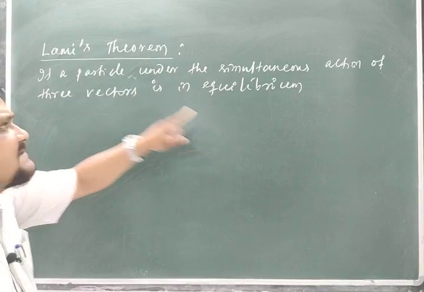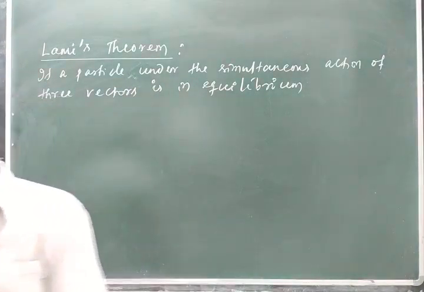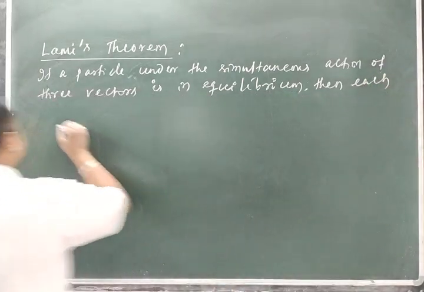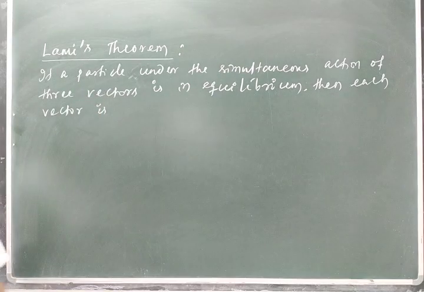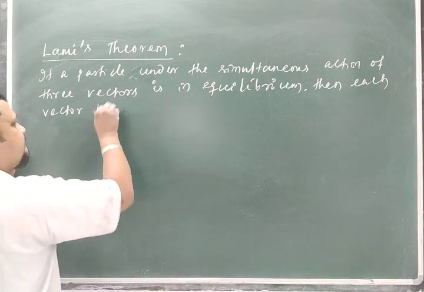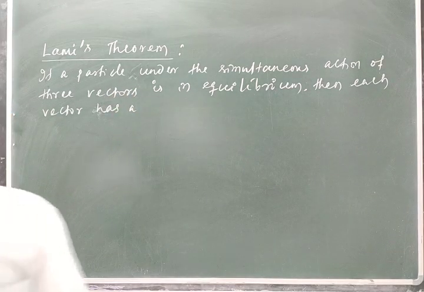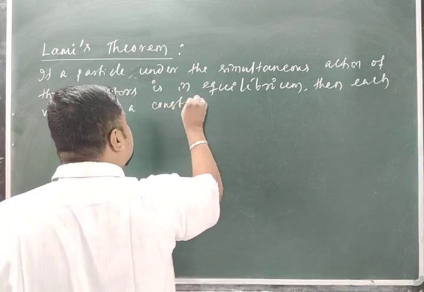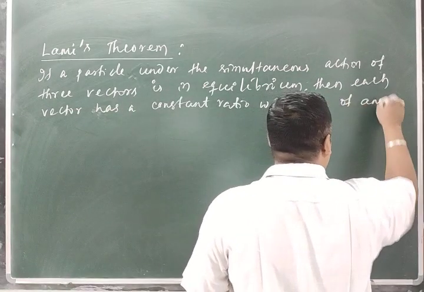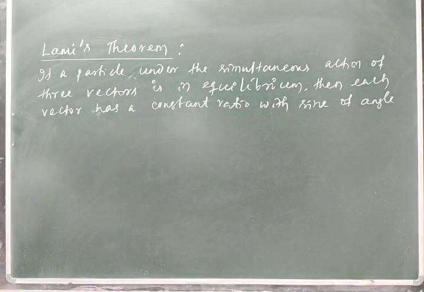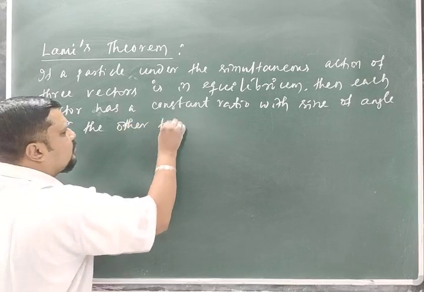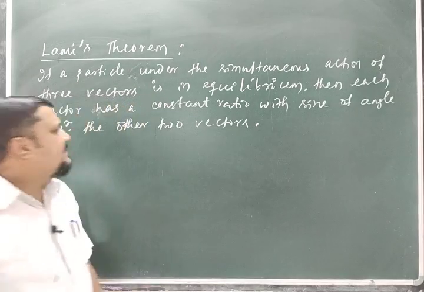If a particle under the simultaneous action of three vectors is in equilibrium, then each vector, remember this thing, each vector has a constant ratio with the sine of the angle between the other two vectors.